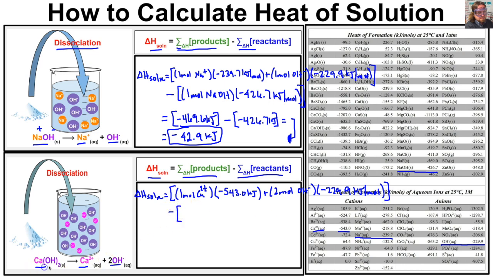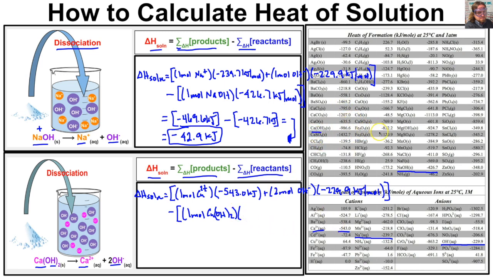Let's do our reactants now. Our reactant was calcium hydroxide, and if we take a look at our balanced chemical equation, we have 1 mole of calcium hydroxide, and what we're going to do is multiply this by the heat of formation of calcium hydroxide.